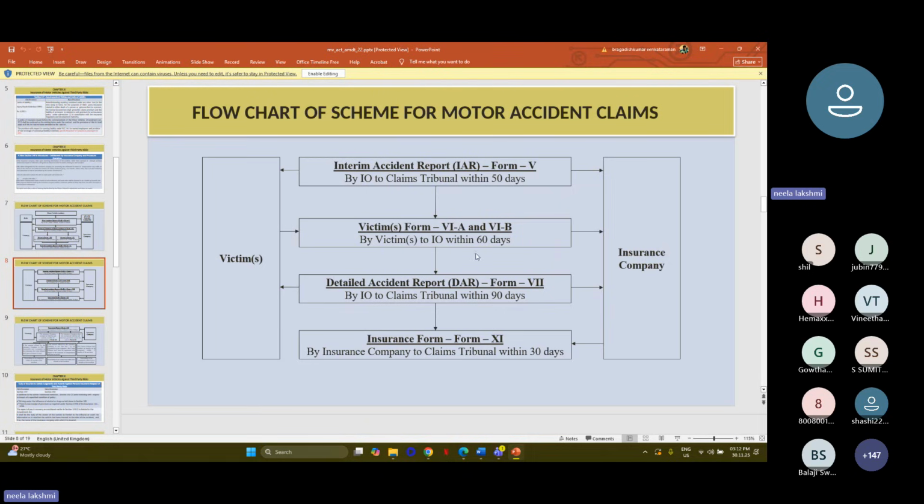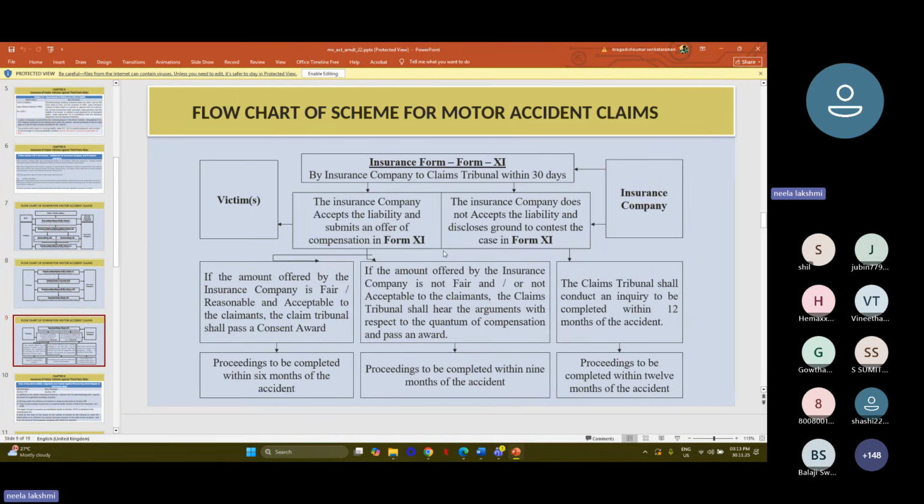All the other workflow is from the date of accident, and this is only from the date of receipt of DAR. What is available in form number 11? We will see it in detail because it is the form prepared by us and given to the claims tribunal.